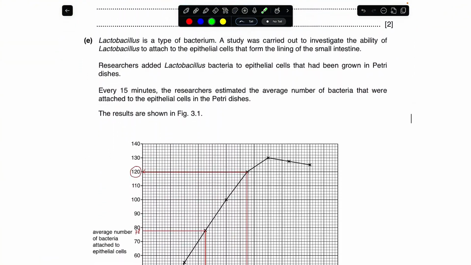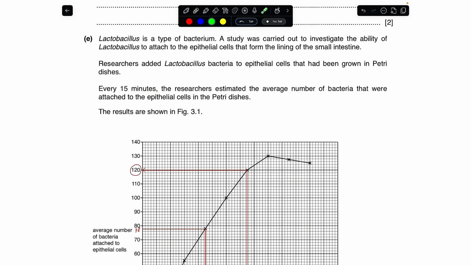If I come to the E part, this is investigation based, but the calculation was very easy. They tell us about lactobacillus, a type of bacterium. What the scientists did was carry out an investigation to see the ability of this lactobacillus bacteria to attach to the epithelial cells that form the lining of the small intestine.